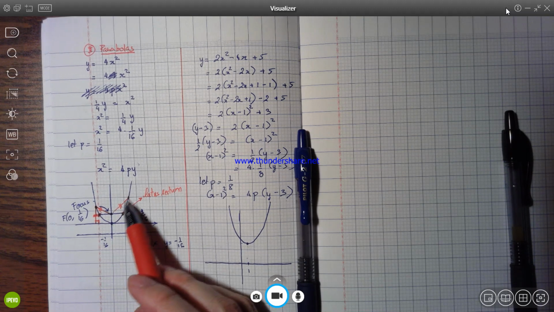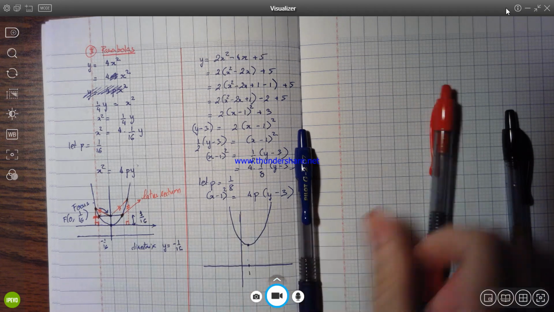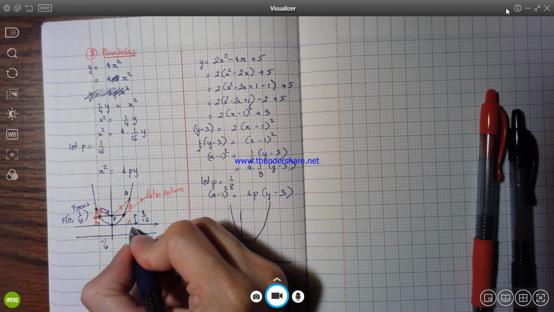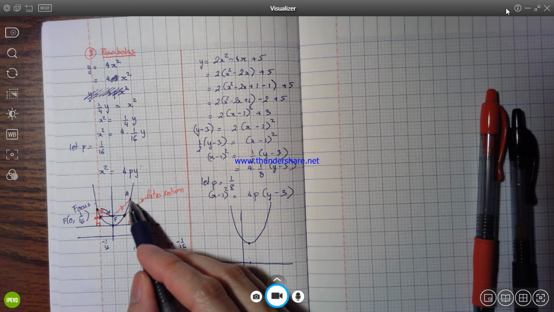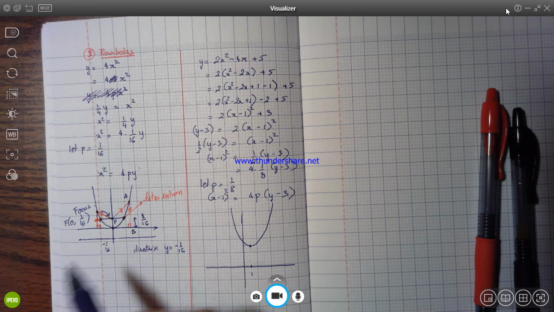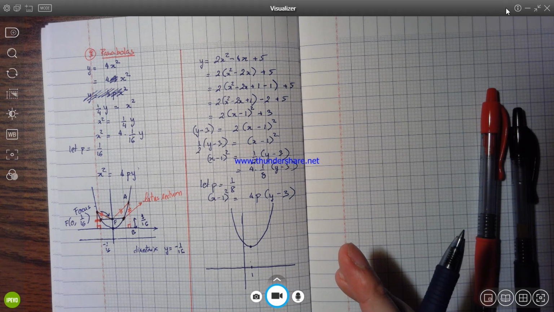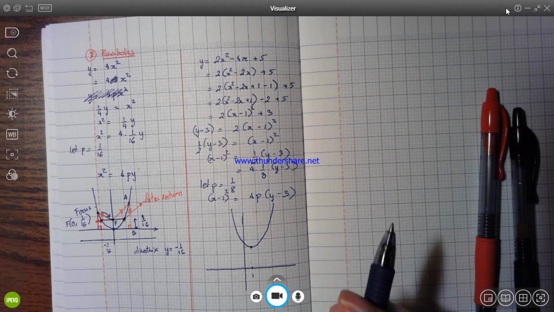And the ratio between these two segments, so I'm going to name it. This is F, right here, and I'm going to name this A and this B. The ratio between these 2 segments is always 1, and that ratio we call eccentricity.